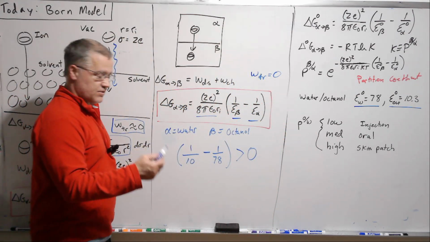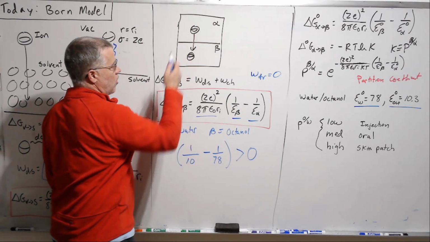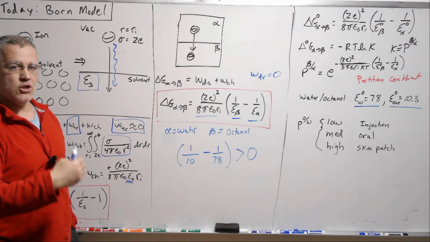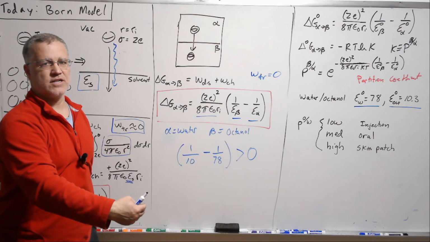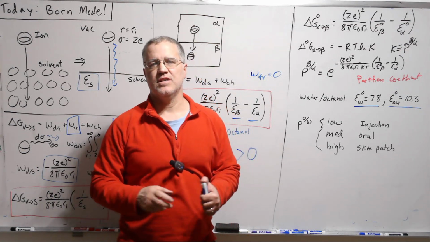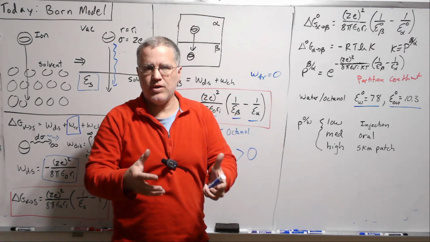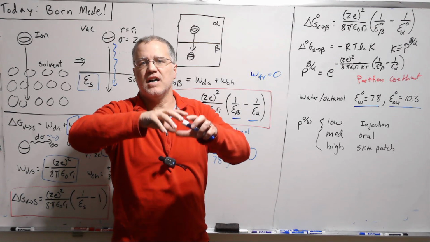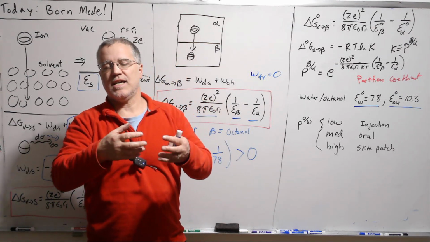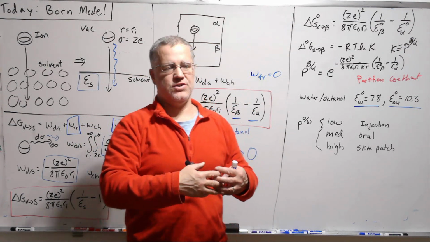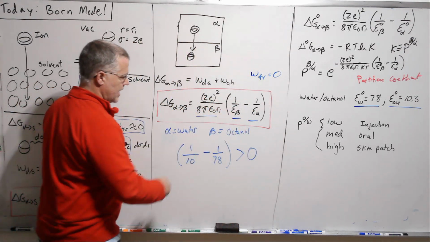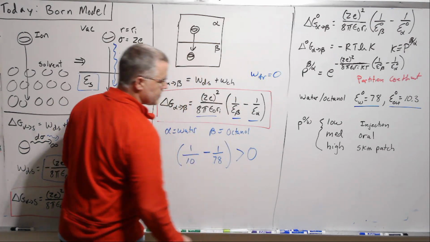And in fact, let's generalize this. It's always more favorable to go from a lower dielectric constant to a higher dielectric constant. If we take ourselves back to what the dielectric constant means, it is how the solvent can accommodate or mediate that charge. And so certainly the more it can, the better it's able to solvate. We see that playing out in the Born model.